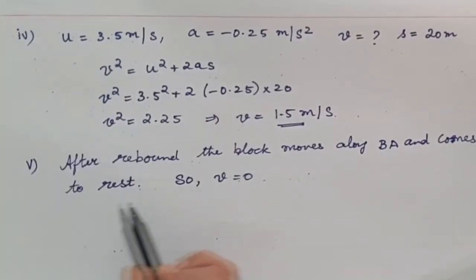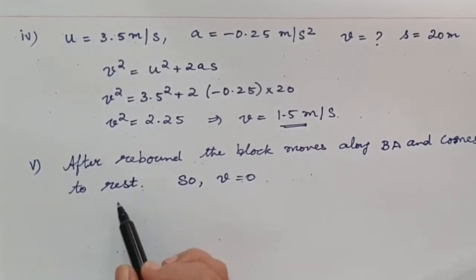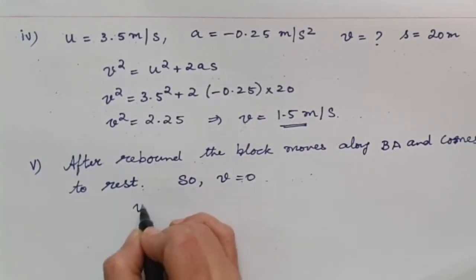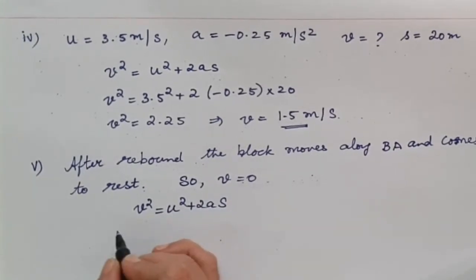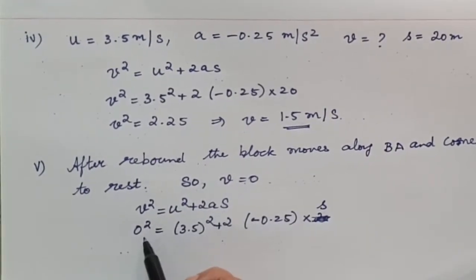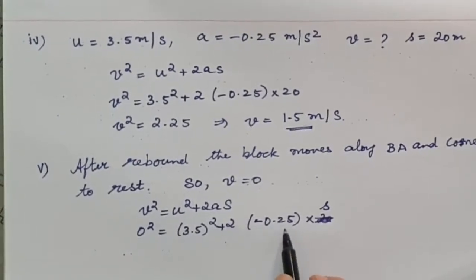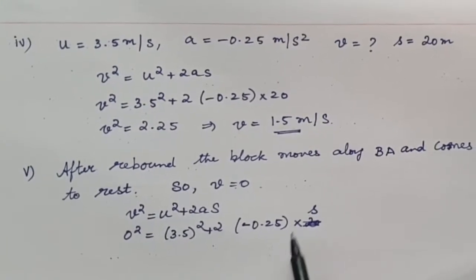Now the last part. After rebound, the block moves along BA and comes to rest. So we know our final velocity v will be equal to 0. Now applying the formula v squared equal to u squared plus 2as, substituting the values, we get 0 squared equal to 3.5 squared plus 2 into minus 0.25 into s. That is, we need to calculate the distance after rebound.